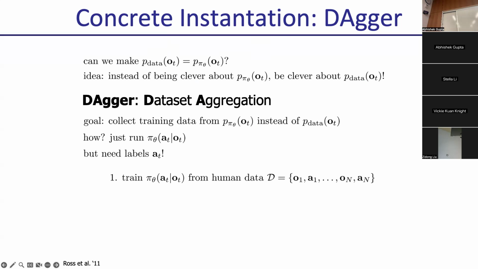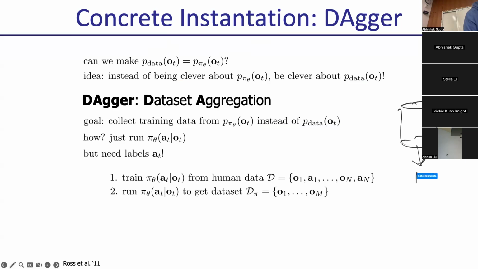You're going to train your policy from some human data. You're just going to do behavior cloning. You have some data set, you train, and you get a policy pi theta. Then you run your policy in your environment to get a data set of observations. These observations need not be optimal; they're just what you get under your policy.